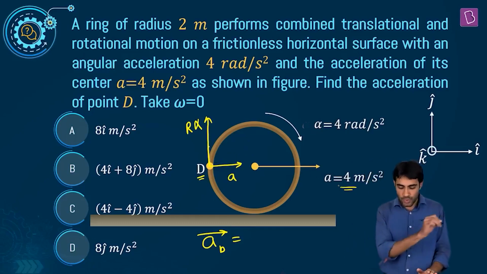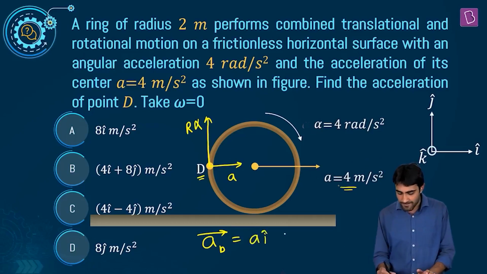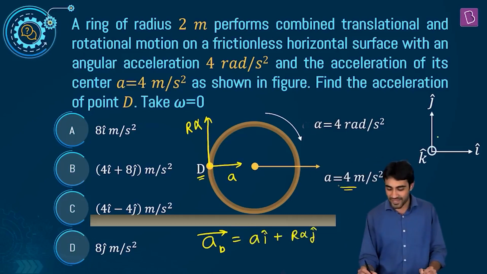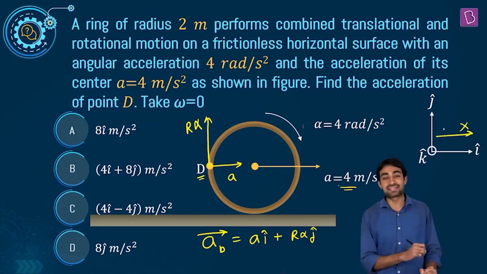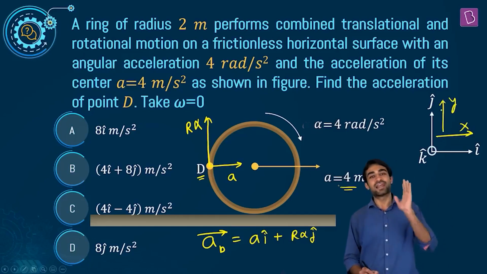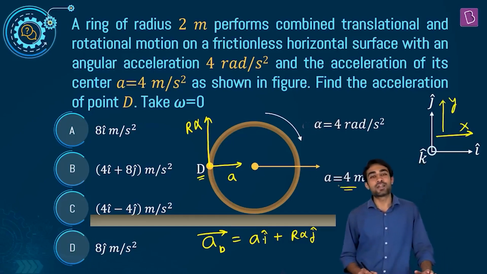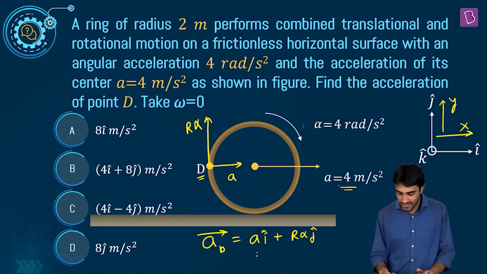So the total acceleration of point D now will be a i cap, and we have r alpha j cap. As you can see, I have taken the horizontal direction as the x-axis, and the y-axis in the vertical direction. Now, a i cap. What is a? A is nothing but 4. So 4 i cap.